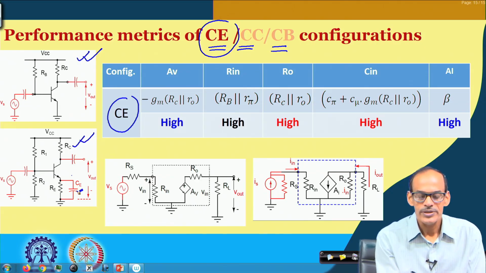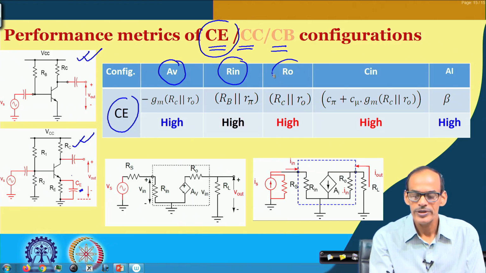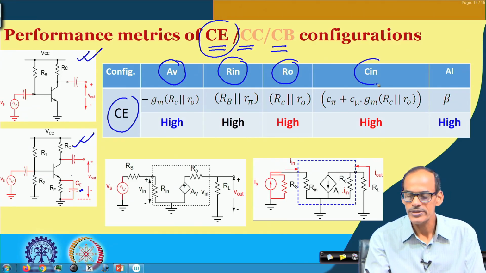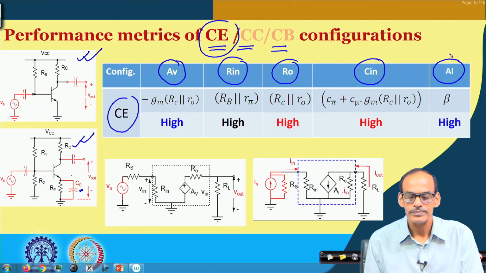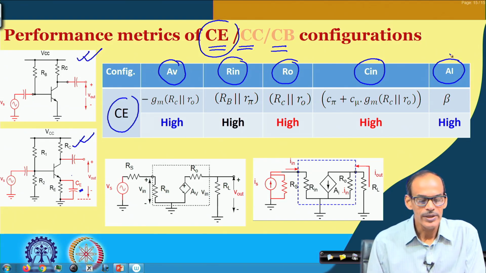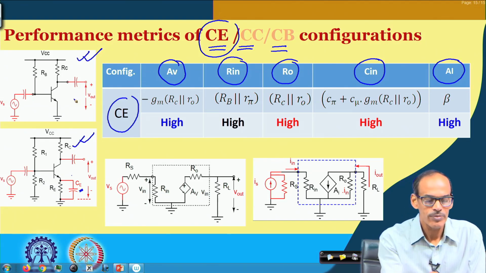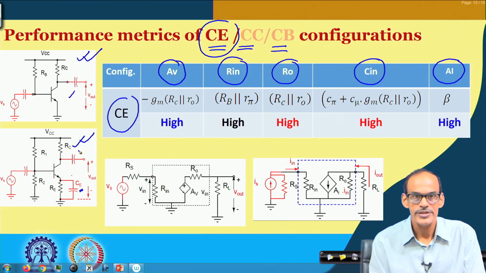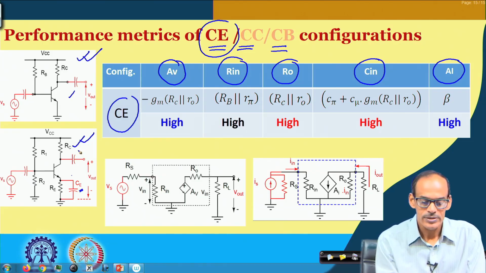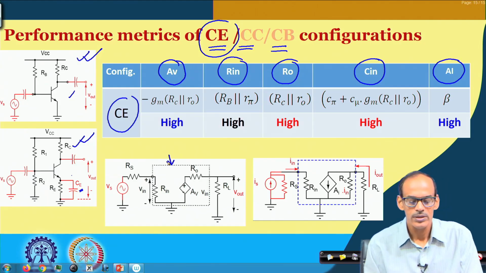What are the performance metrics we are focusing on? The voltage gain, input resistance, output resistance, input capacitance, and then current gain. As a building block, if we model this circuit in the form of a voltage amplifier, its corresponding macro model is given here.